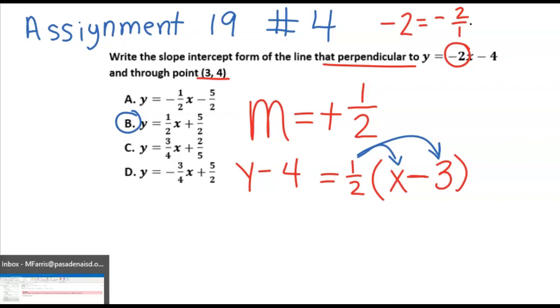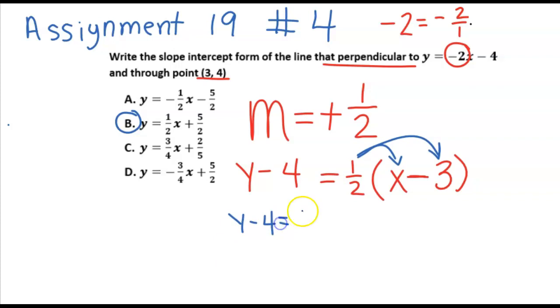Now, some of my students just wanted to know how to figure it out. And so if you did that, you would have to multiply a fraction times a whole number. To multiply fractions, you multiply top times top and bottom times bottom. And so that would be a -3/2.